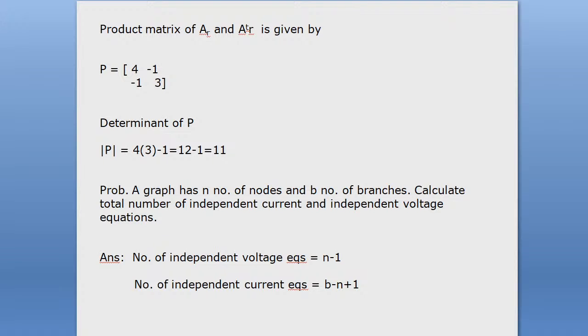If a graph is given and asks you the number of independent voltage equations or node equations, and the number of independent loop equations or current equations, then you can write the number of voltage equations equal to the difference between the number of nodes and 1, and the number of independent current equations is nothing but the number of links.